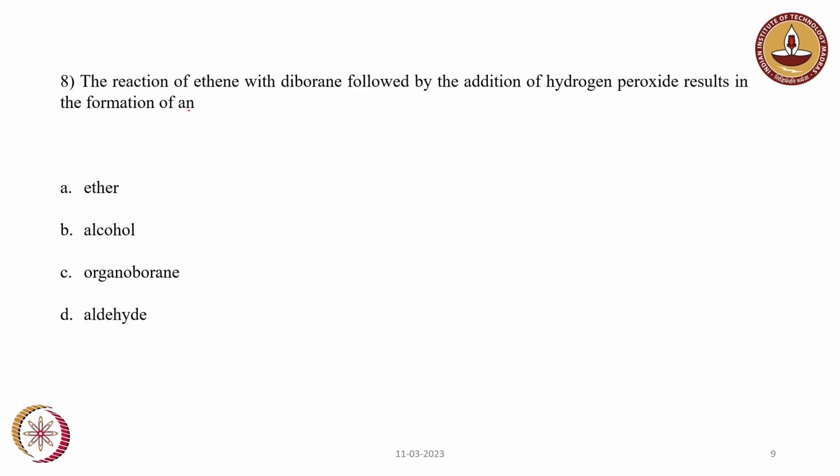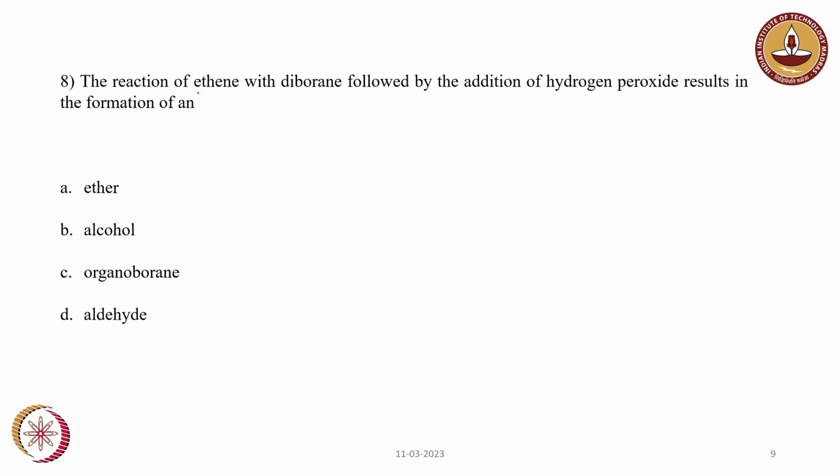The next question is the reaction of ethene with diborane followed by the addition of hydrogen peroxide results in the formation of an option A is ether, B is alcohol, C is organoborane, and option D is aldehyde. So let's write down the equation.